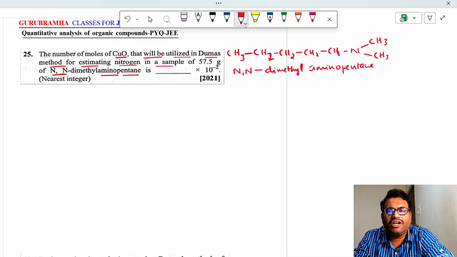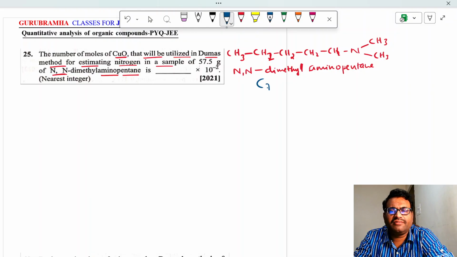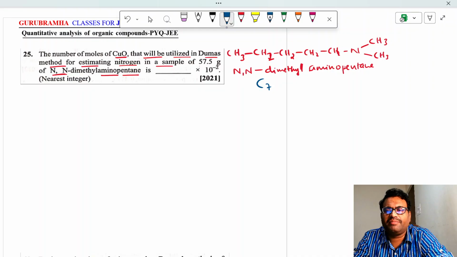So what is the molecular formula of this? There are 7 carbon atoms, so C7. How many hydrogens are there? 3 plus 2 plus 2 plus 2 plus 2 plus 6: 8 plus 3 is 11, 11 plus 6 is 17. C7H17N.